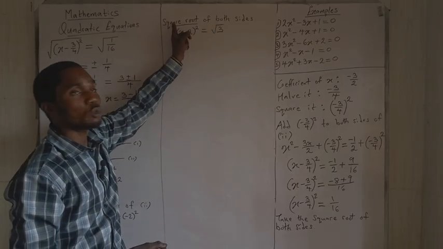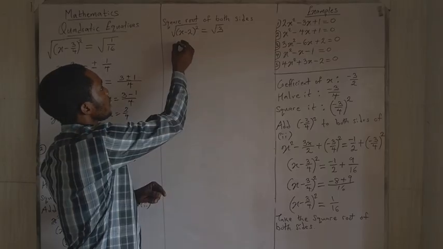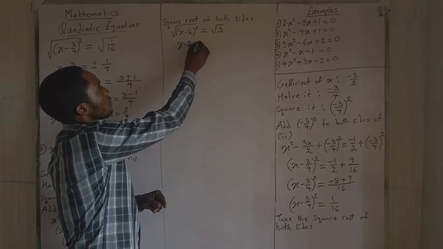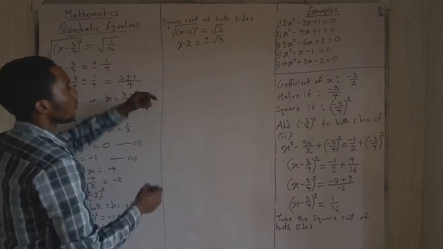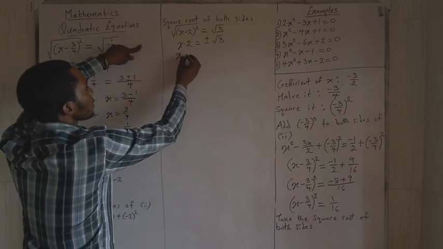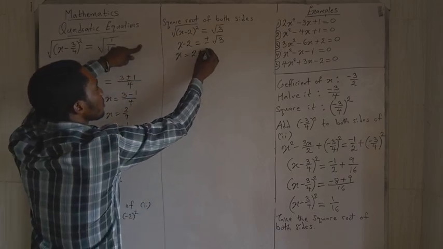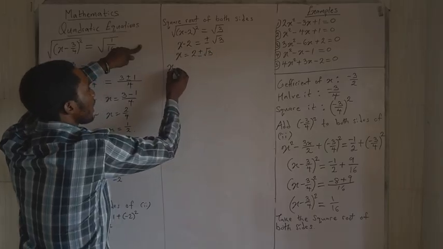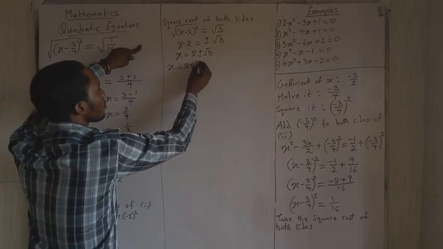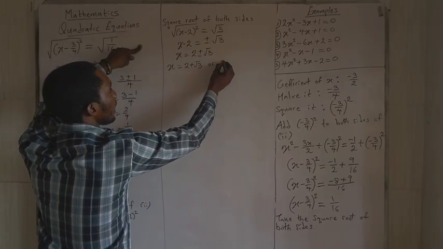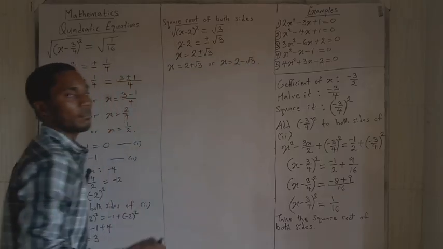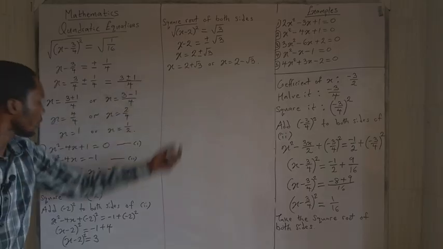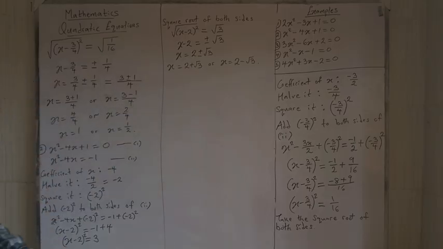The square and square root will cancel out each other. This will be x minus 2 is equal to plus or minus root 3. We are looking for x. x is equal to 2 plus or minus root 3. That means x is equal to 2 plus root 3, or x is equal to 2 minus root 3. These are the roots of the given quadratic equation.